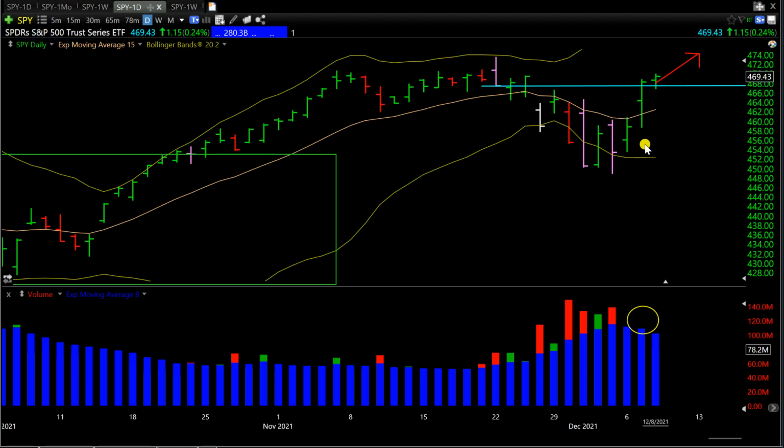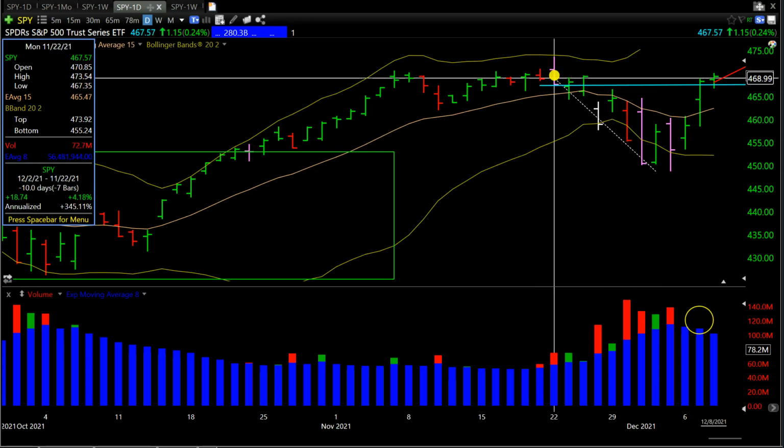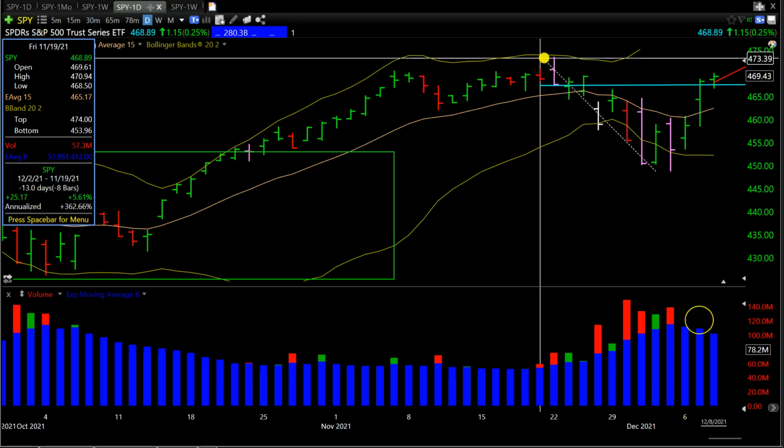The target I've come up with is 488 for the SPY for where it's going to go, and that consists of the range of the low to high.